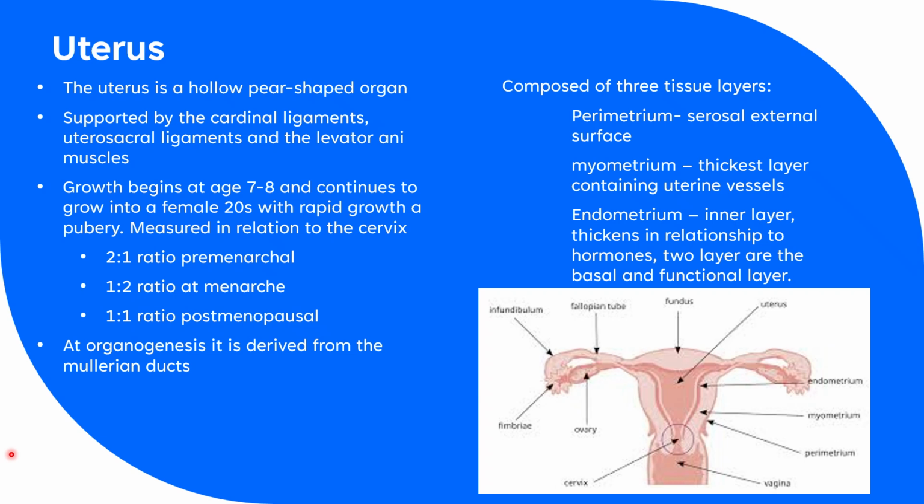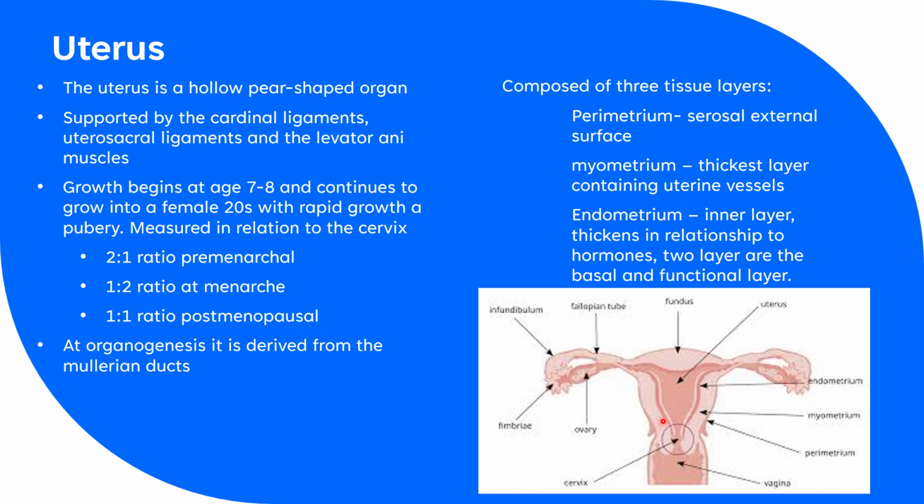And when we are in that stage, our uterus and our cervix are much smaller. In fact, our cervix is 2 times the size of our uterus. So if you are scanning a child prior to menarche, you are going to notice that their cervix is much longer or much larger than their uterus.